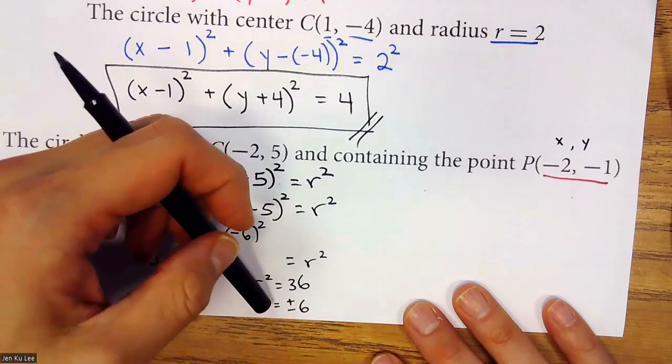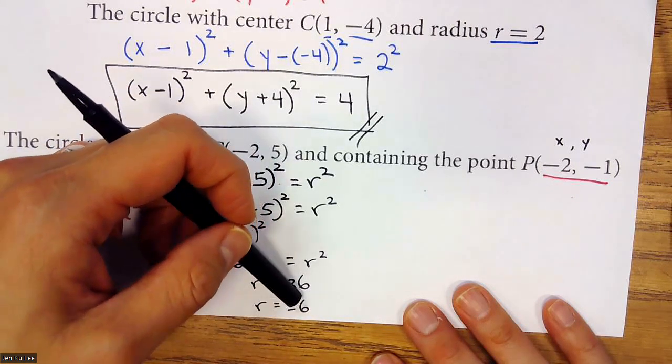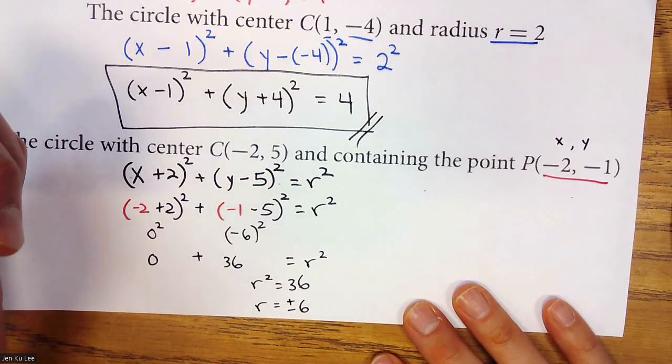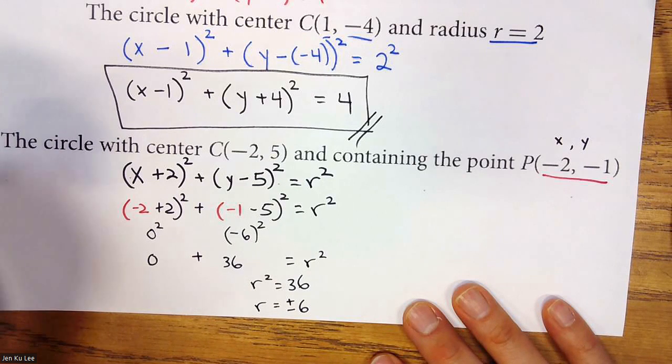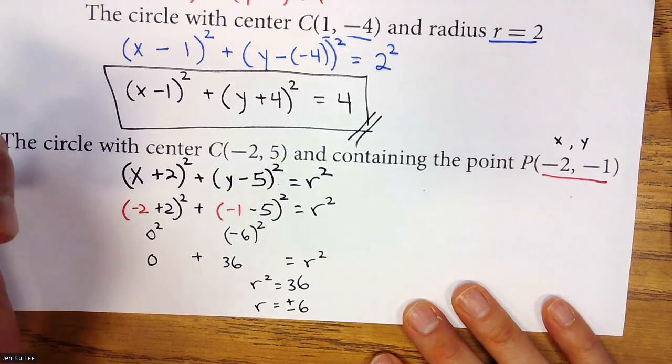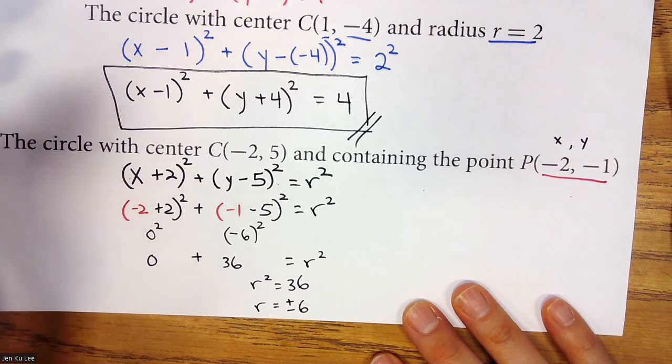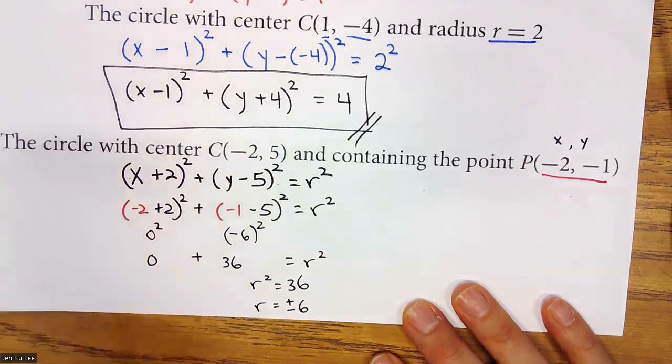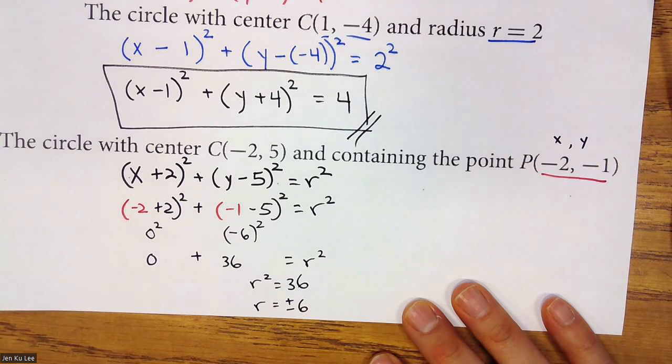Is your radius equal to positive 6 or negative 6? Why? No, that's the center. There can't be two radiuses, but radii.